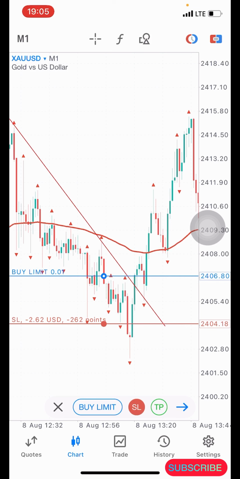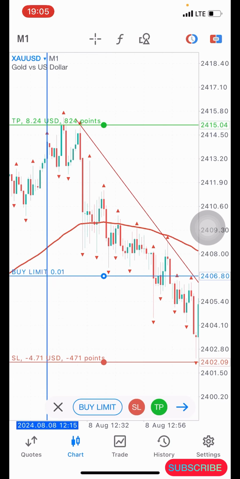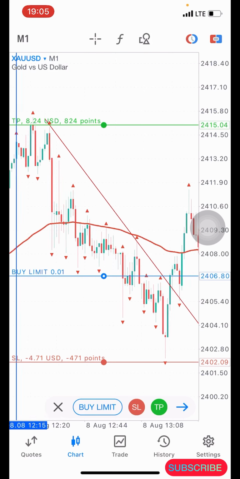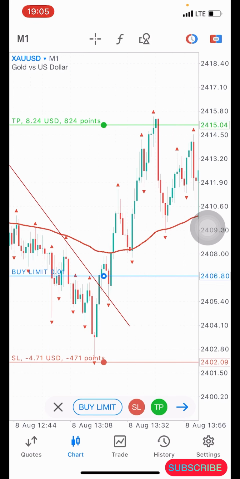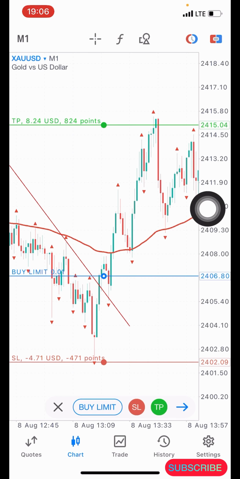But the proper way is to set it below that structure, which is like this, and then your TP is going to be at the beginning of that trend line. You set it like this, and then you wait for price to do its thing. As you can see, this is another successful hit. And this is how you have to go about this strategy.